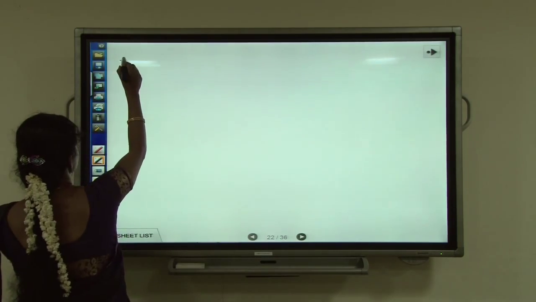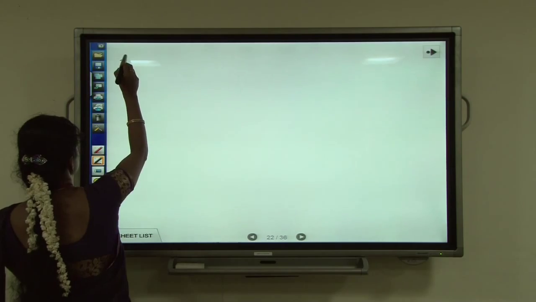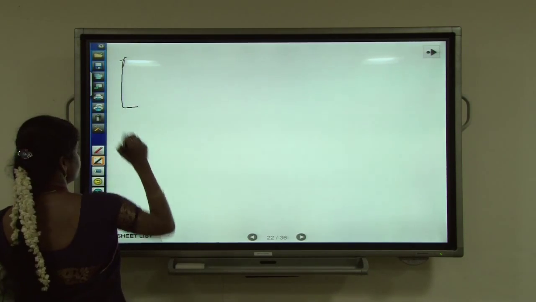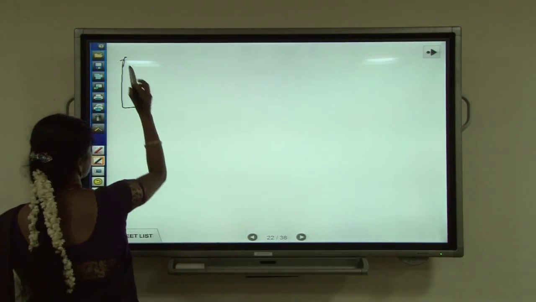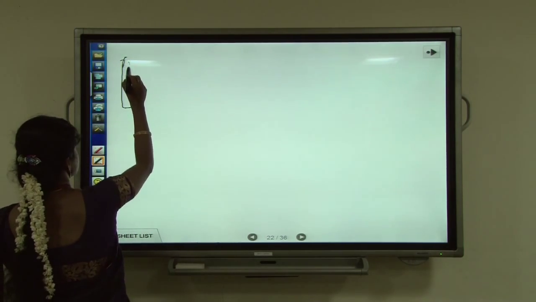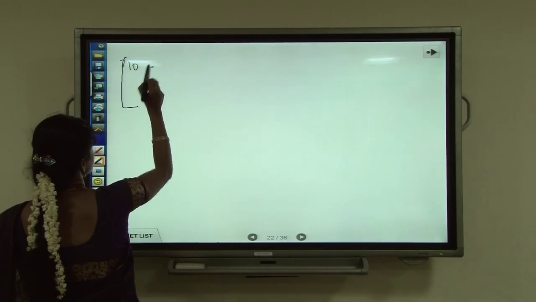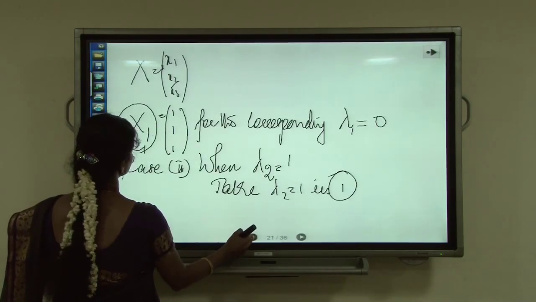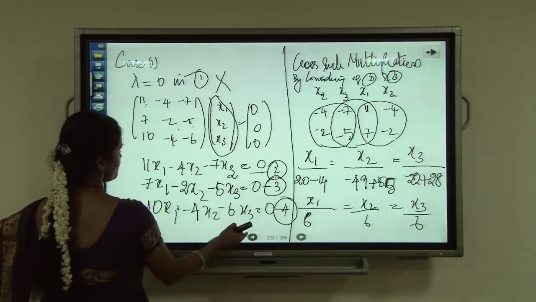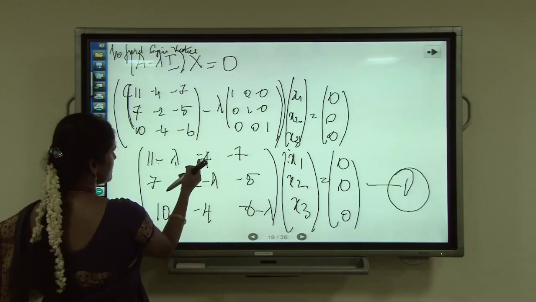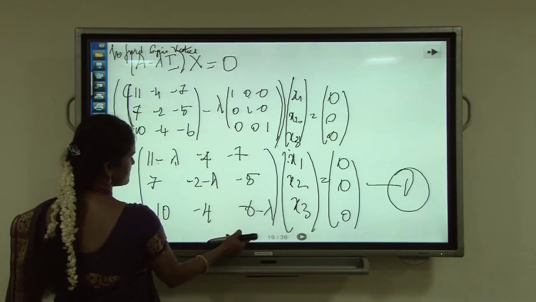As we substitute lambda 2 is equal to 1 in the first equation, the matrix equation 1 reduces to 11 minus 1, so it is going to be 10. This is minus 4. Actually we have to substitute in this equation. 11 minus 1, it is 10, minus 4, minus 7.